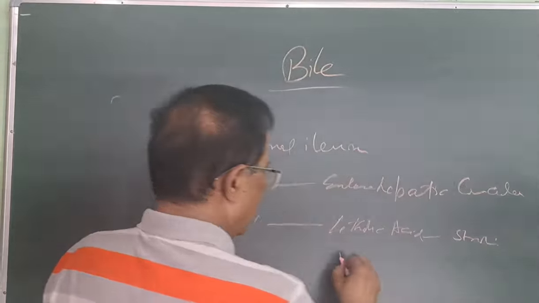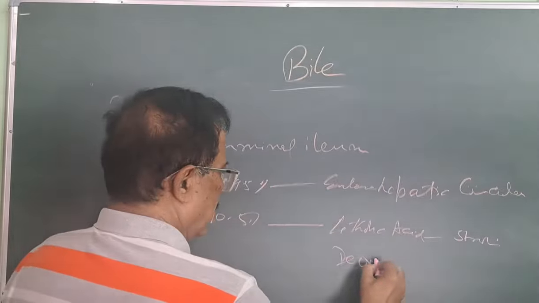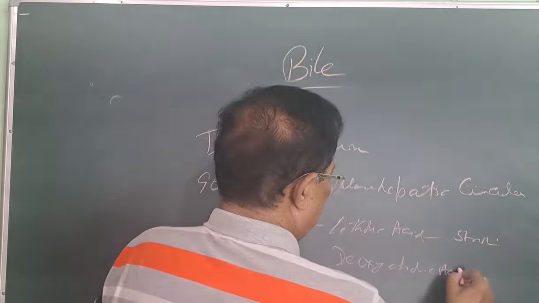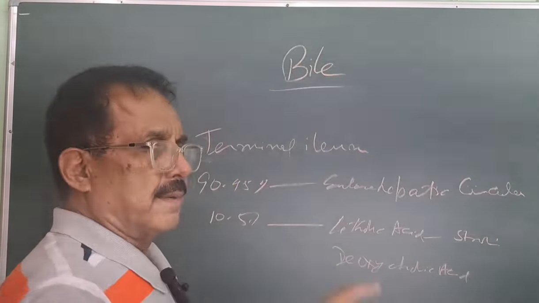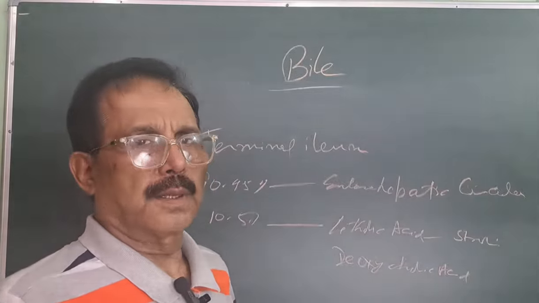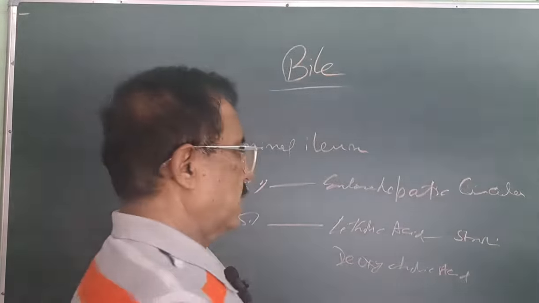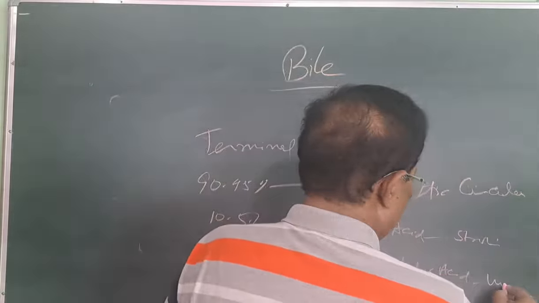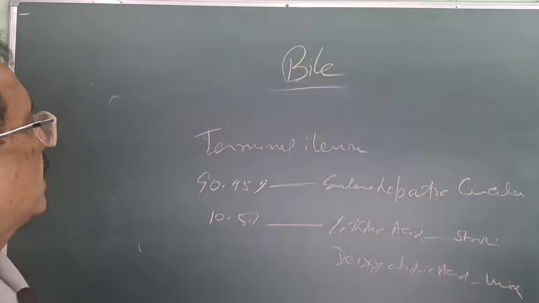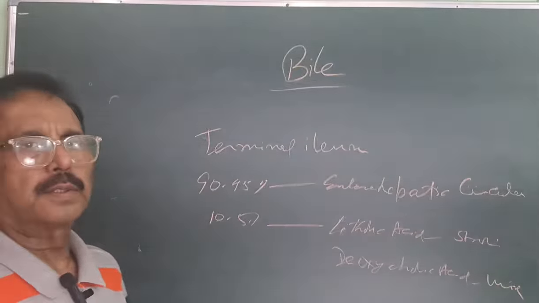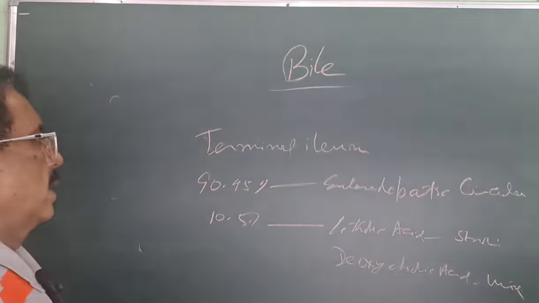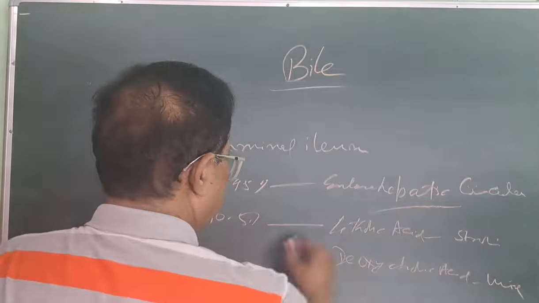But deoxycholic acid is absorbed, enters general circulation, is filtered in the kidney and excreted in urine. So this is about bile acids, bile salts and their circulation.